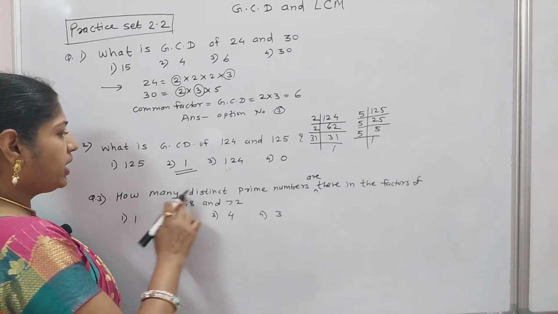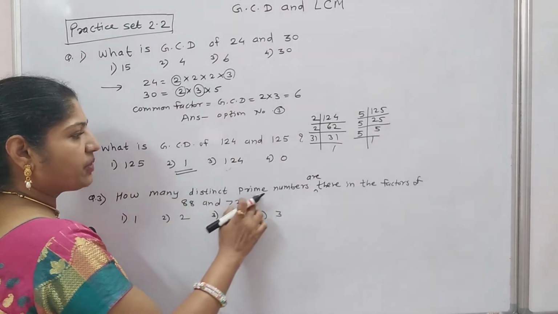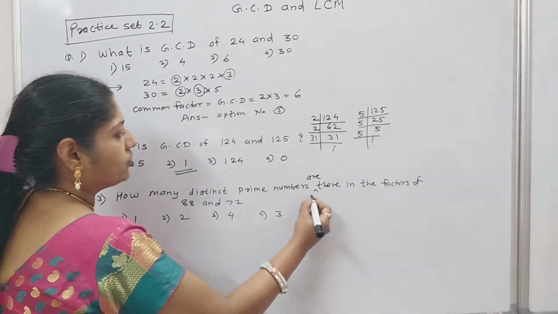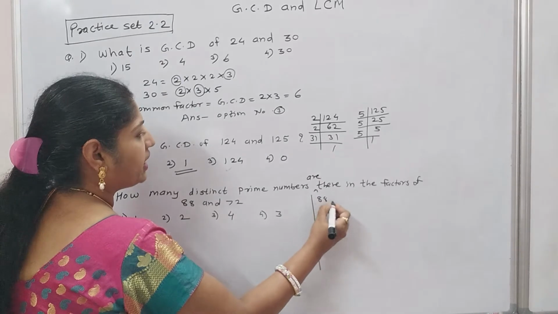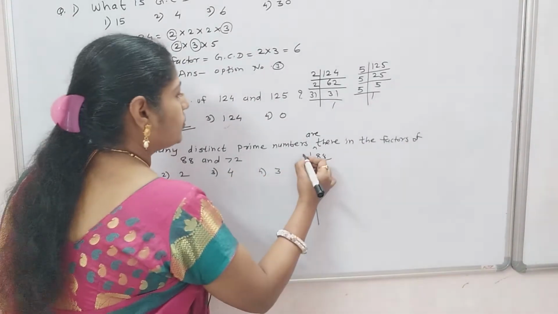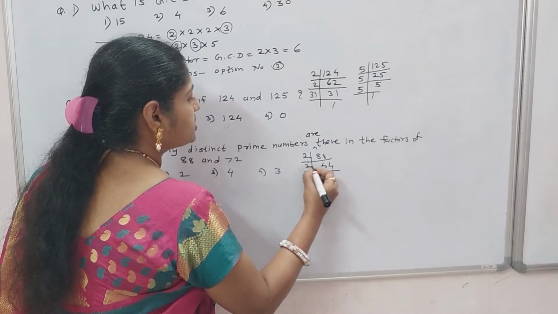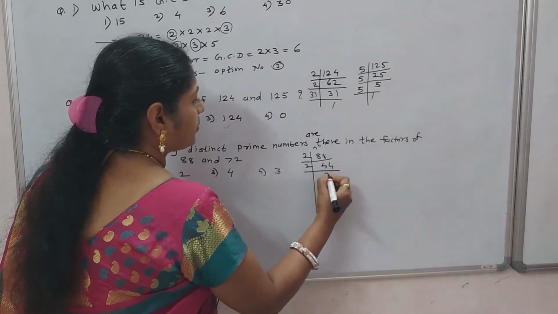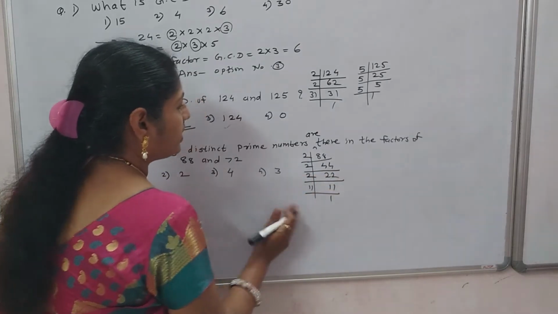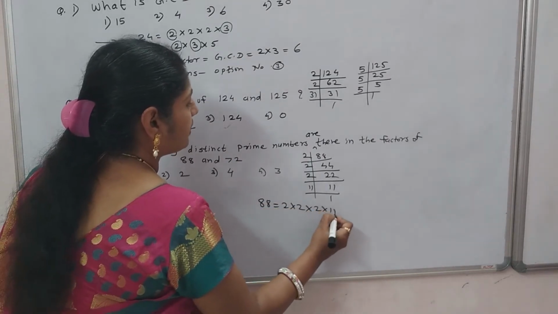Now question number 3: how many distinct prime numbers are there in the factors of 88 and 72? Find out the factors of 88. 88 divided by 2 is 44, 44 divided by 2 is 22, then 2 and 11. So 88 is 2 into 2 into 2 into 11.